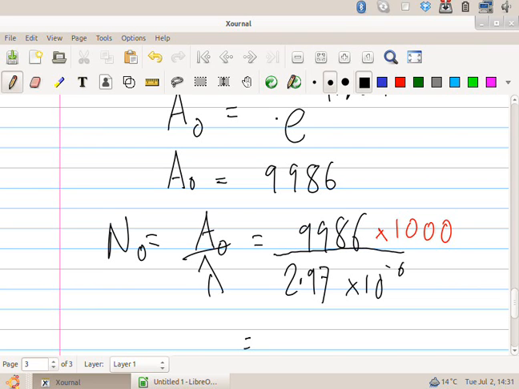So 1 Bq means you lose 1 nucleus per second. So that means it's decaying very quickly. So do we think the A should be big or small? Well, it depends on the material. Anyway, in this example, it is kilo Bq.